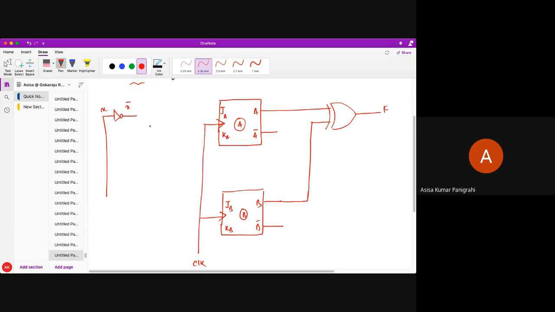So here J is QB. So where is QB? This A is nothing else, QA. This is my QA bar. This is QB bar. So J is QB, I have taken it from here. Sorry, I made a mistake here. So you have to draw it carefully, students.